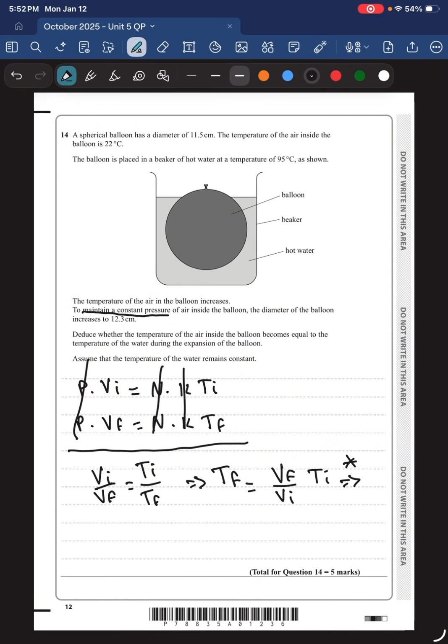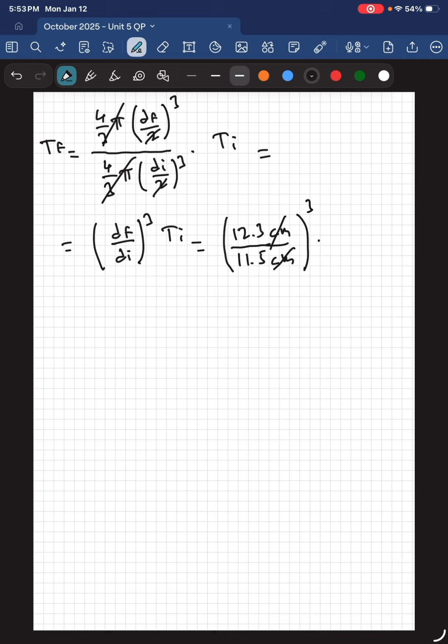You don't have to convert to kelvins when you use the expression for thermal expansion, but it's safer. So T_i is 22 Celsius, which is 273 plus 22, which is 295 kelvins. So we have to multiply this by 295.